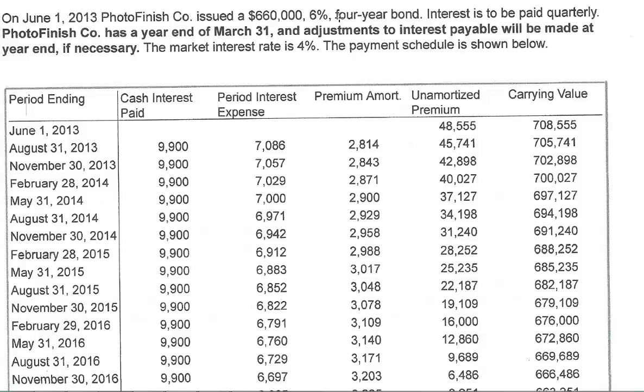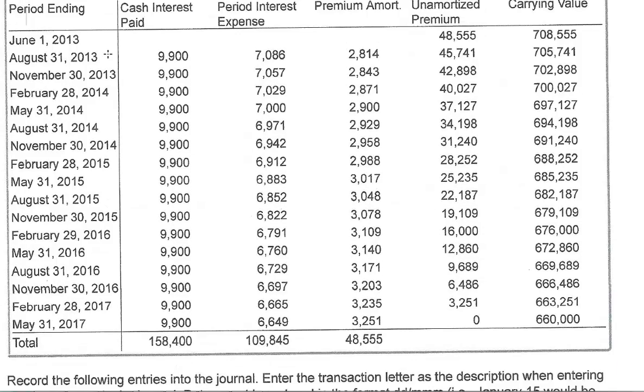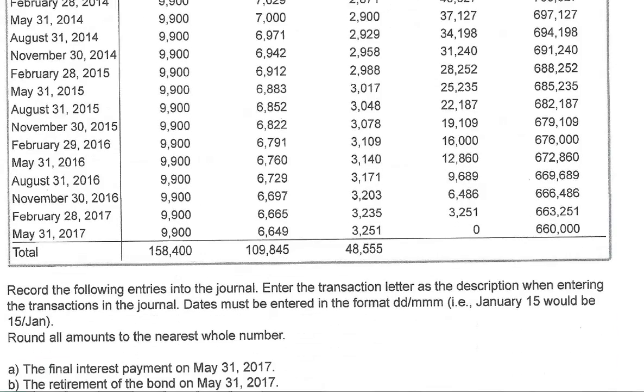We'd go from June the 1st, 2013, to June 1, 2014, 15, 16, and 17. So therefore, on June the 1st or May 31st, same difference, 2017, the bond would be retired. So you can see here in our question, that's what they do. They go till May the 31st, 2017.